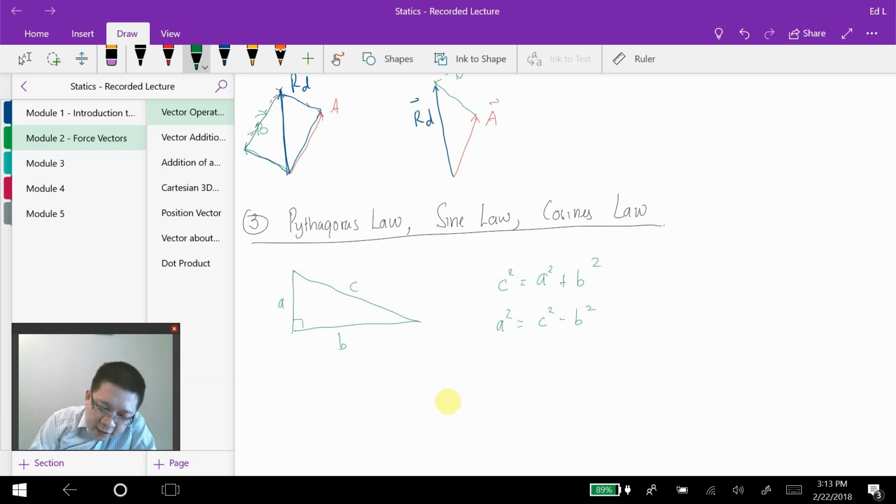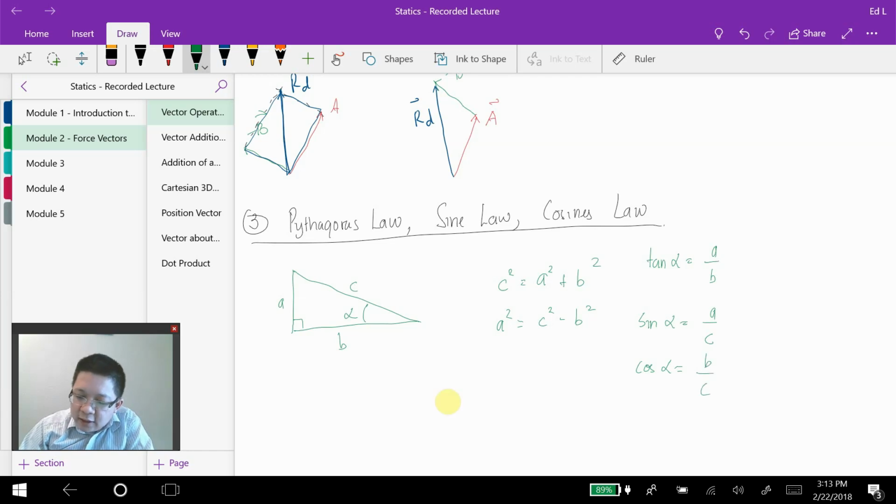And if I have an angle over here as alpha, I know that tangent alpha is A divided by B, sine alpha is A divided by C, and cosine alpha is B divided by C.